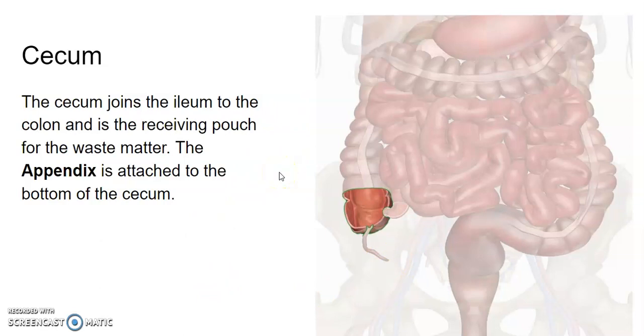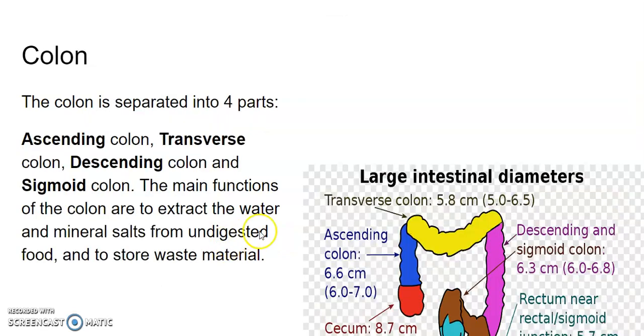They now know that the appendix actually carries some very important bacteria that are specific for digestion in the intestines. And so if you don't have to have it removed, that's a good thing. But if it bursts or swells up and becomes inflamed, your doctor might suggest removing it, and that's just fine. You'll live a normal life without any problems. A lot of people have had their appendix removed. The cecum is right here.